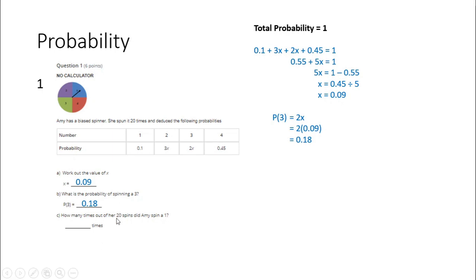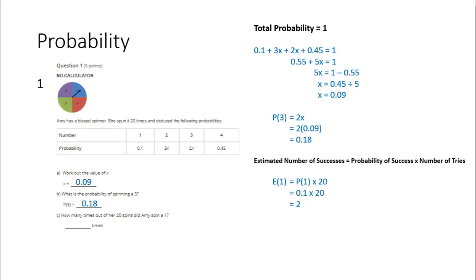So if I'm going to spin the spinner 20 times, I would expect to get a 1 a tenth of 20 times. The estimated number of successes is equal to the probability of success multiplied by the number of tries. So in this case, the estimated number of 1s is equal to the probability of 1s multiplied by 20, which is 1/10 times 20, which is 2. I would expect to get a 1 two times out of 20 spins.